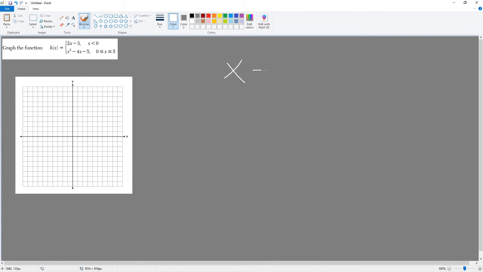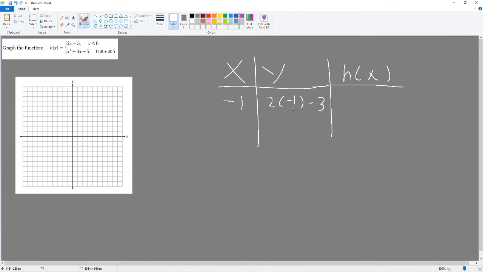So let's just do x and y. When x is negative 1, which is less than 0, I have 2 times negative 1 minus 3. This becomes 2 times negative 1 is negative 2, minus 3, it's basically negative 5.